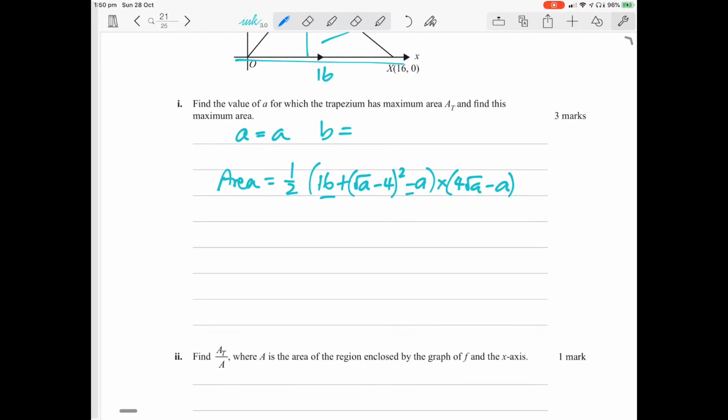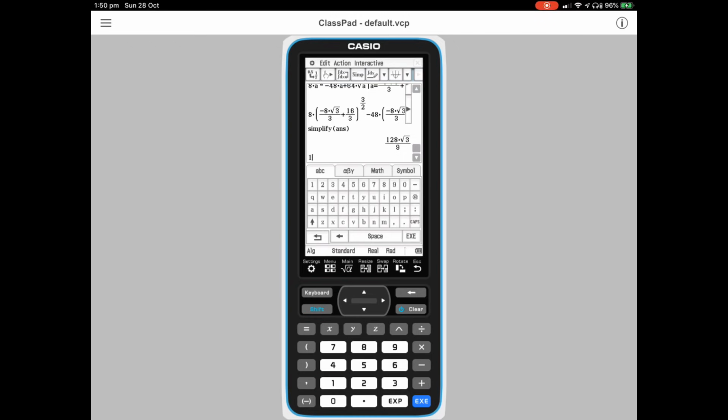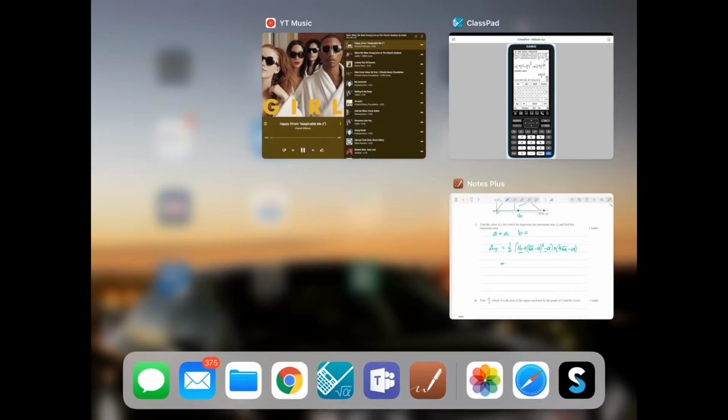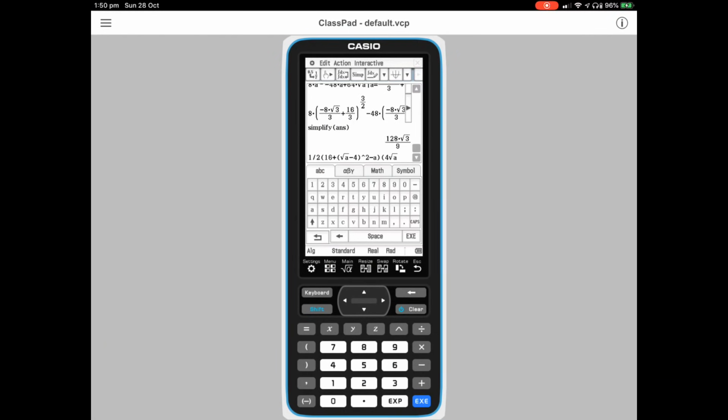Okay. A of t, so 1/2 (16 plus (root A minus 4) squared minus A) times (4 root A minus A).